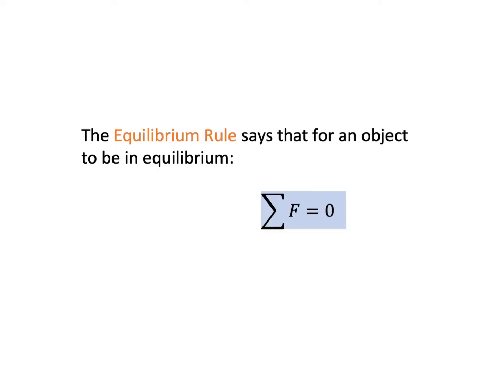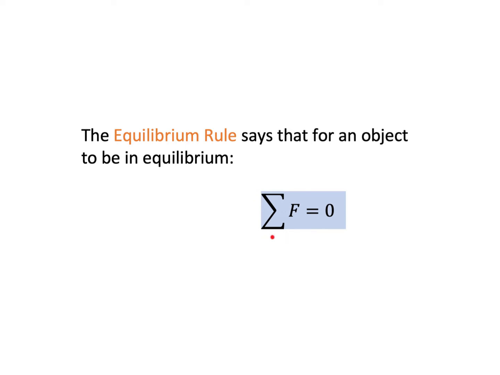Now, in your textbook, they discuss something called the equilibrium rule. And the equilibrium rule is represented by this equation. Now, there's this weird symbol here. You may have seen this before in your math classes, but if you haven't, this is the capital Greek letter sigma. And in mathematics, sigma represents summation.